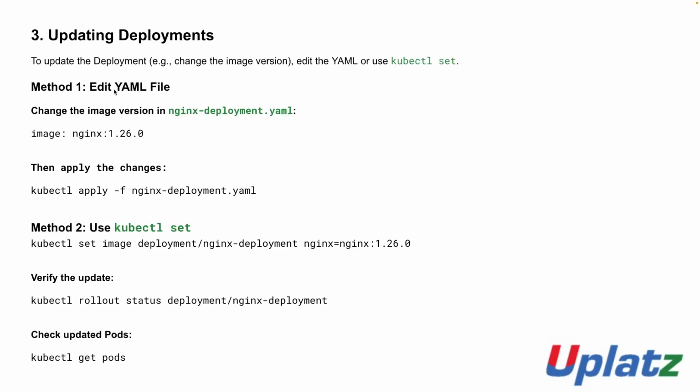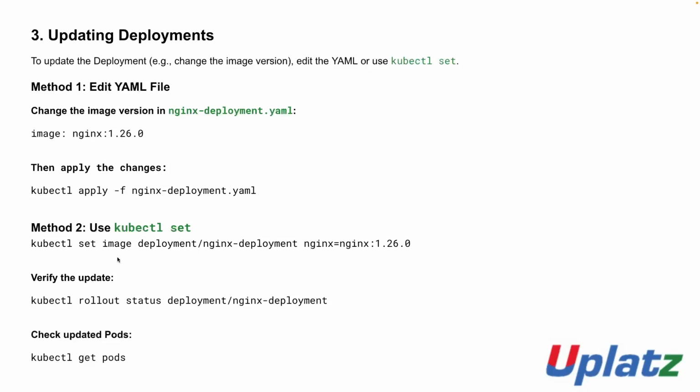Method 1, edit the YAML file, change the image version of nginx-deployment.yaml, image nginx 1.26.0. Then apply the changes. kubectl apply -f nginx-deployment.yaml.